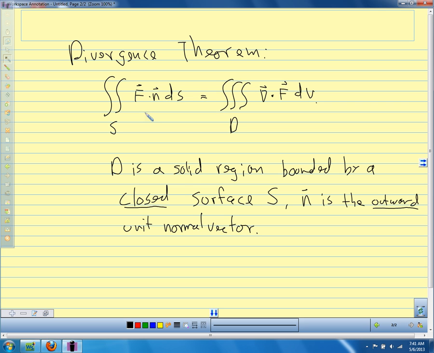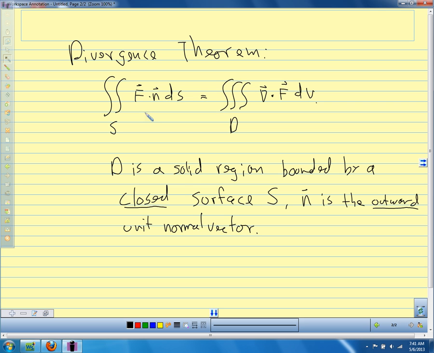So he wasn't officially a scientist. You also see it called Gauss's theorem. Gauss proved it first, but he didn't publish it until later. So Ostrogradsky published it first. You'll usually hear it called the divergence theorem or Gauss's theorem.